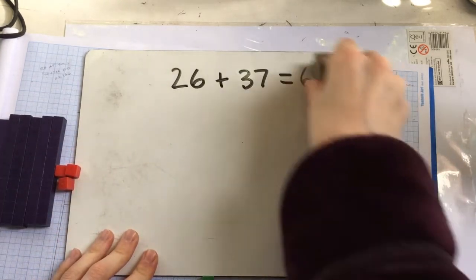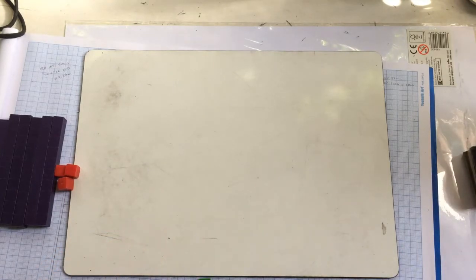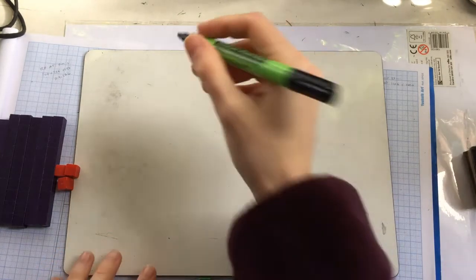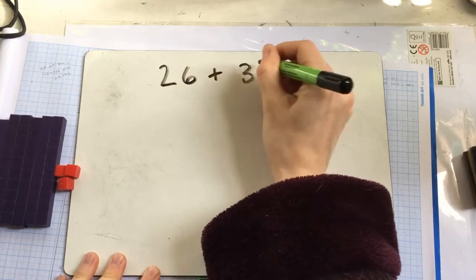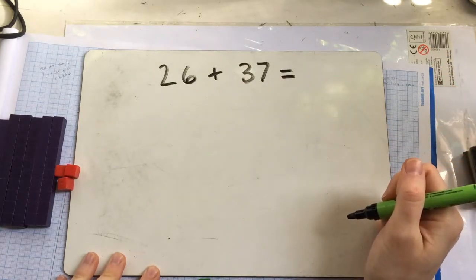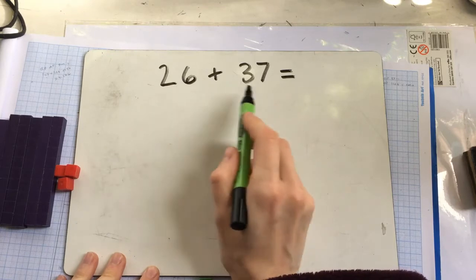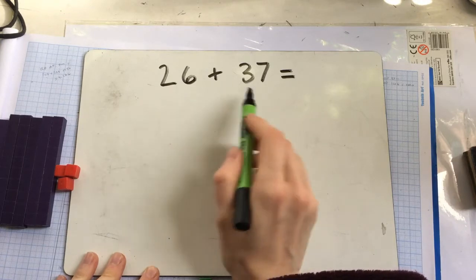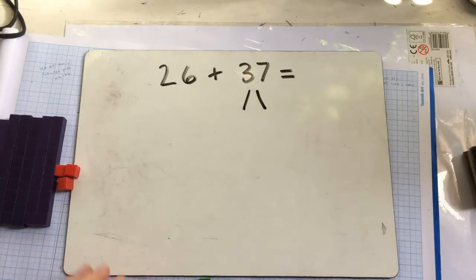So if your children are really secure with using the concrete materials, the next stage is the slightly more abstract stage. So if we take the same numbers, this time, instead of splitting these two numbers into tens and ones, we're just going to split that second number into tens and ones.